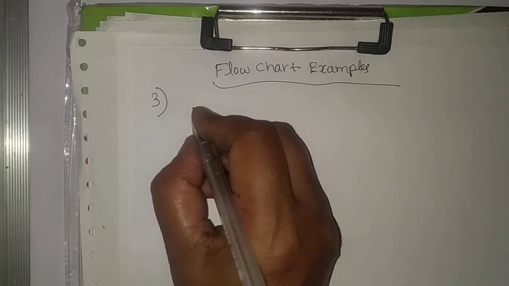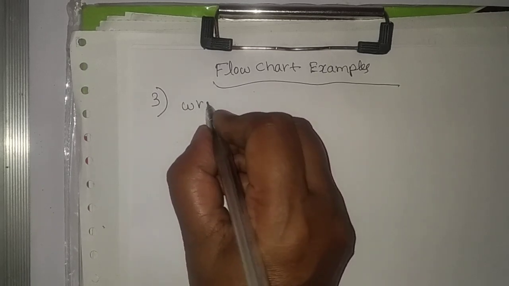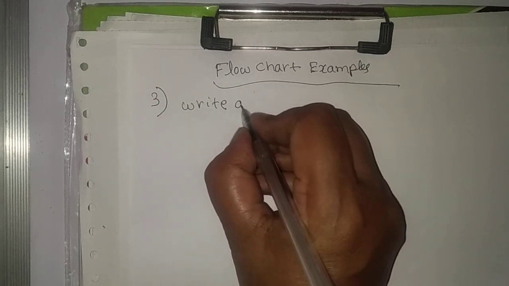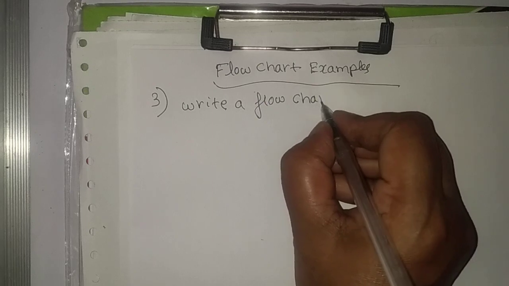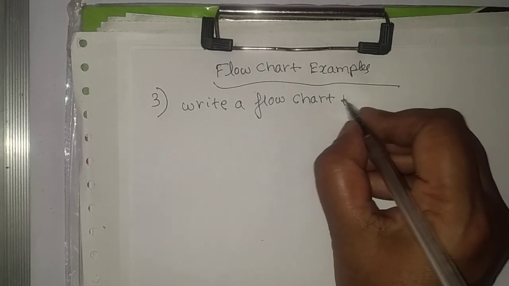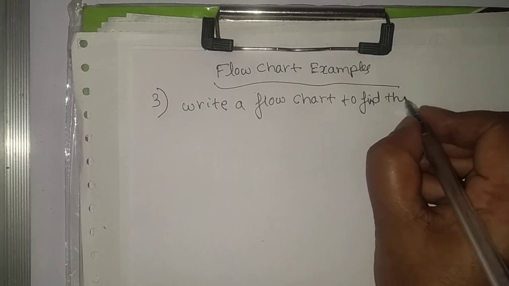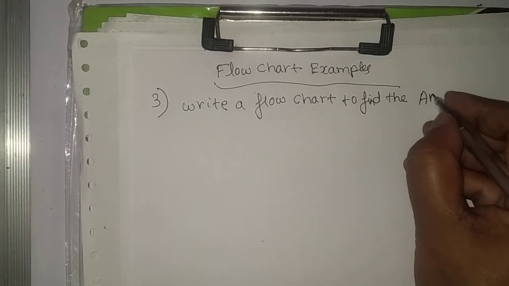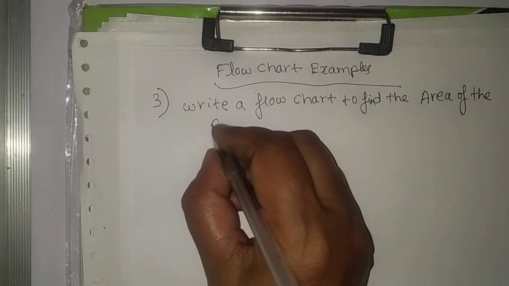The third one is write a flowchart to find the area of the circle. Find the area of the circle.